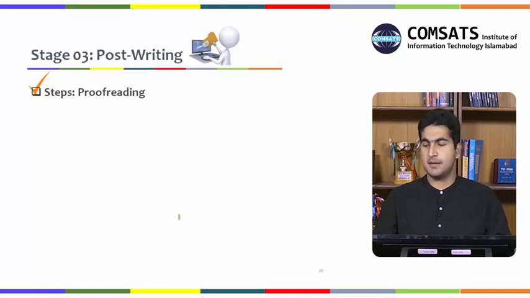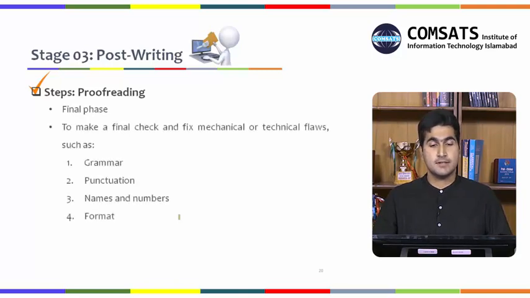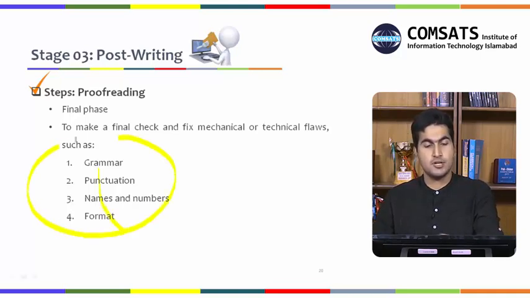So this is the last step, and then very narrow and a strategy which is used for a deeper scrutiny of your content. The final phase, and for the final check and fix all the mechanical or technical flaws which were even missed by your revision and your editing. So these are the things which you have to check.